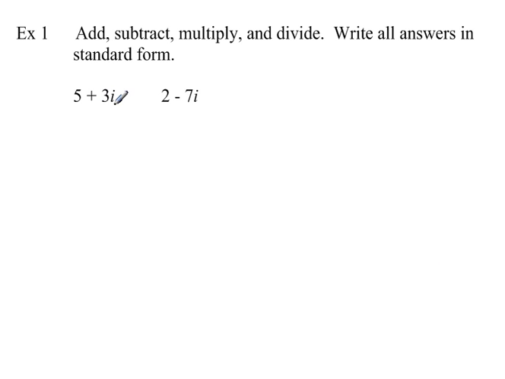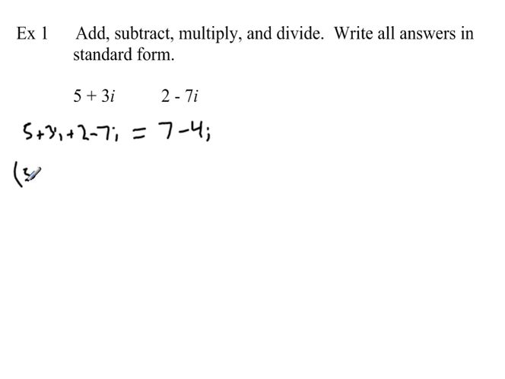Okay, so if we were to add these, I'm just going to write this out: 5 plus 3i plus 2 minus 7i. Actually, adding complex numbers is a piece of cake because it's really just combining like terms. So that gives us 7 for our real part. It gives us minus 4i for the imaginary part, and we're done.